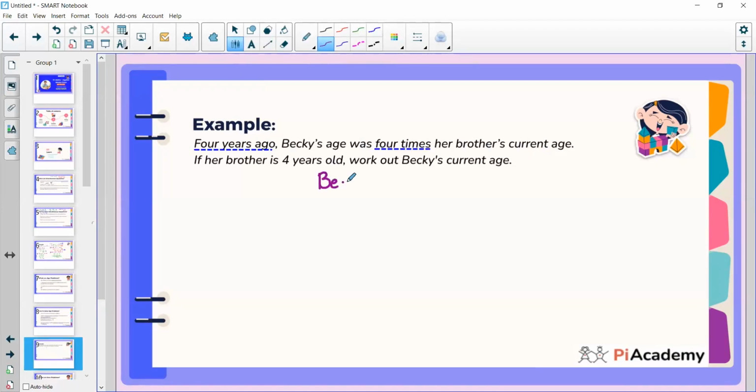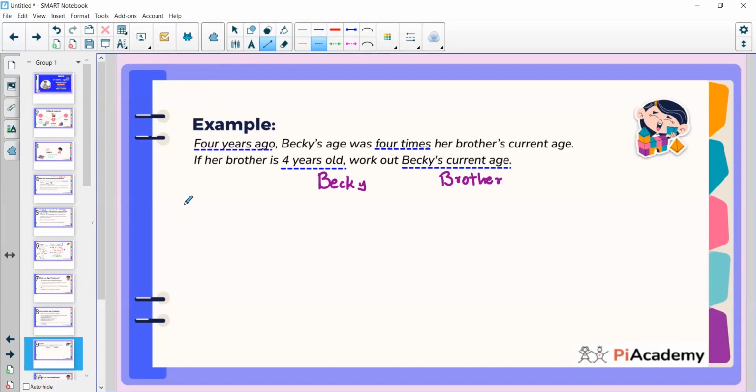One is Becky and the other one is her brother, right? All right. Now, what is given is her brother is 4 years old. So the current age of her brother is 4 years old. Work out Becky's current age. Okay. You need to work out Becky's current age.